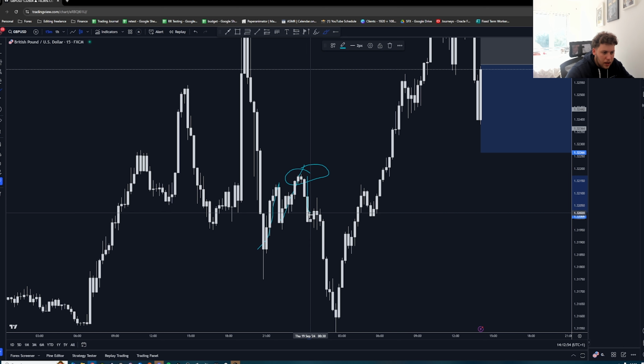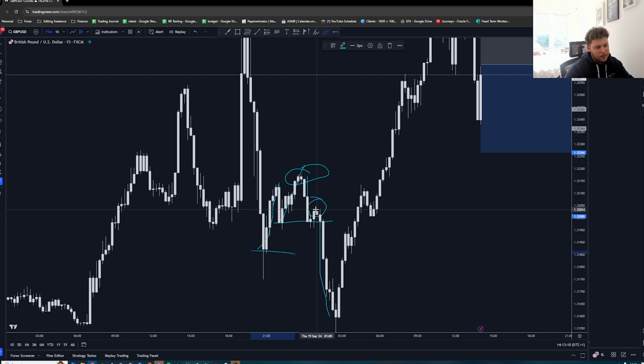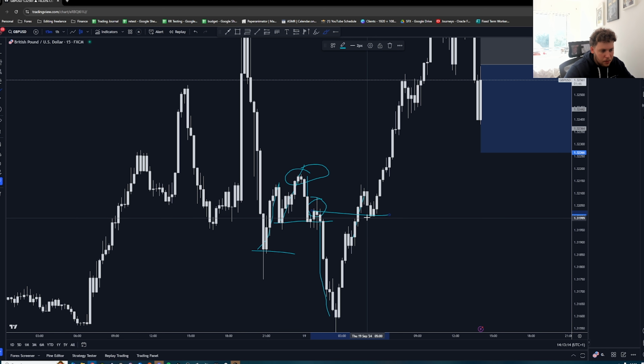Because when price came down, it failed to break the low. And actually, the important high is this one here. And then that was the push down that broke the low of this place and this place. And as you can see, the trend reverses once this high gets broken, retests into it, and then pushes.